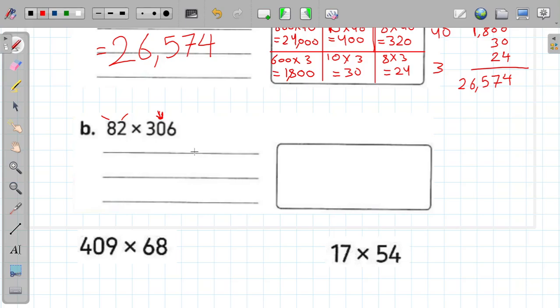If I expand the two numbers, the first one will be 80 plus 2, and the second one will be 300 plus 6. So here I have 2 digits and here I have 2 digits. So I will cut the rectangle into 4 parts like this.